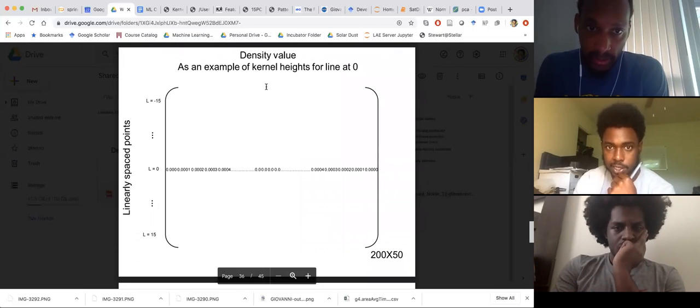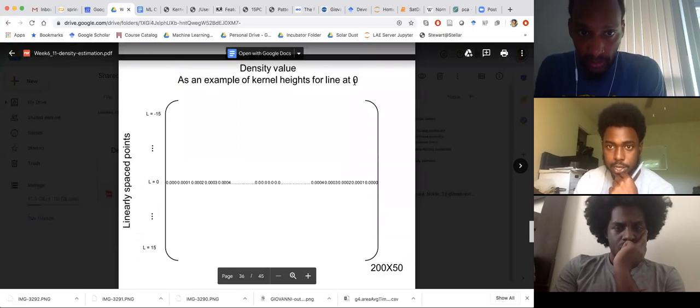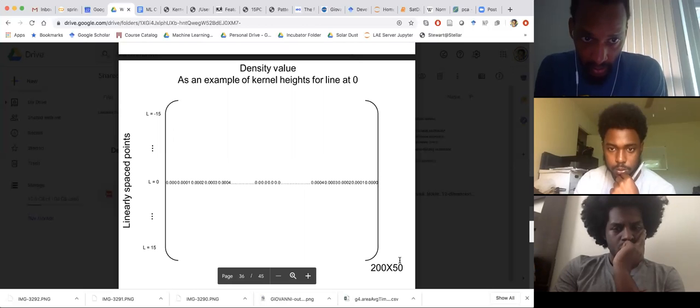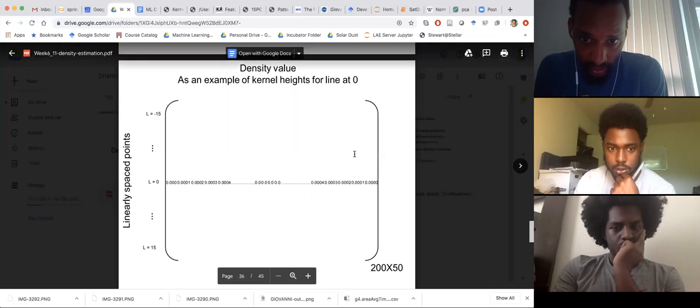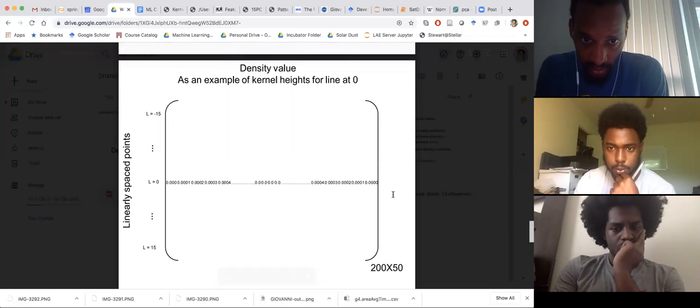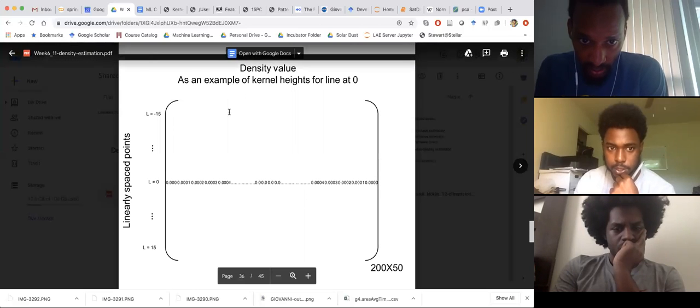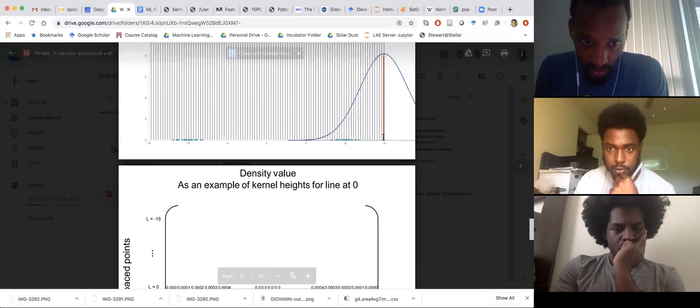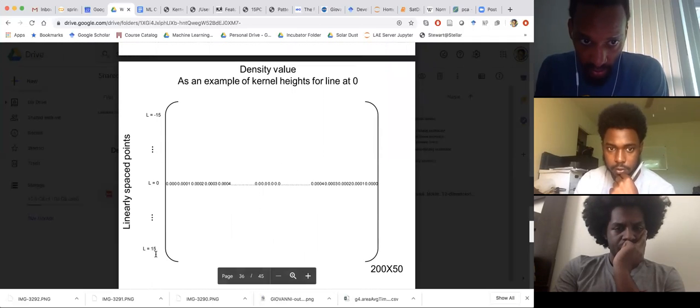So, as an example of kernel heights for the line at 0, these are the linear space points, 200 by 50. 50 points, 200 linear space lines. Here's the 0 point, negative 15 to 15.